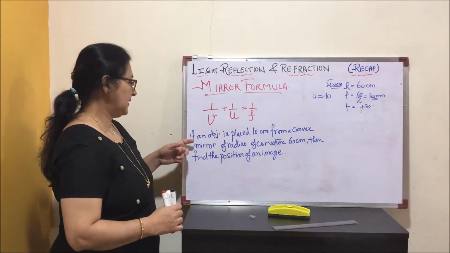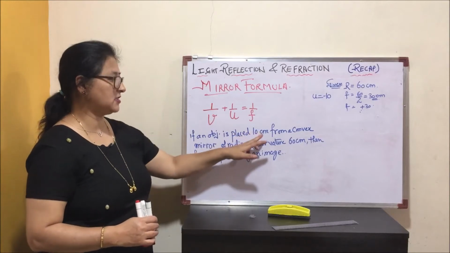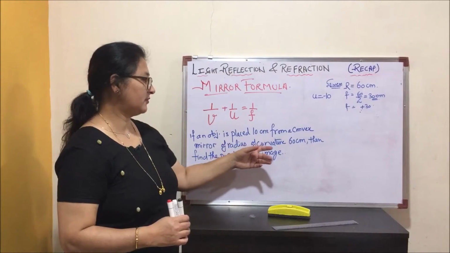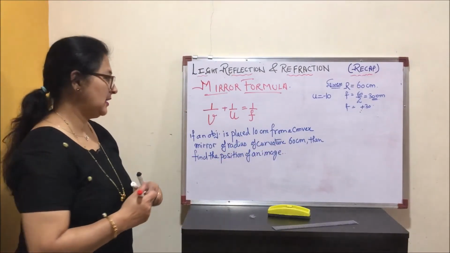The problem is: an object is placed 10 centimeter from a convex mirror of radius of curvature 60 centimeter. Find the position of the image.